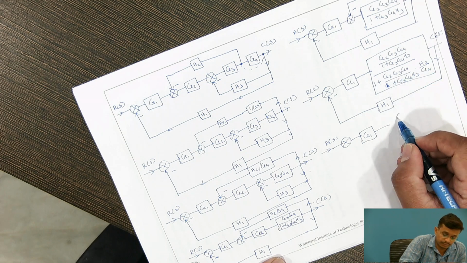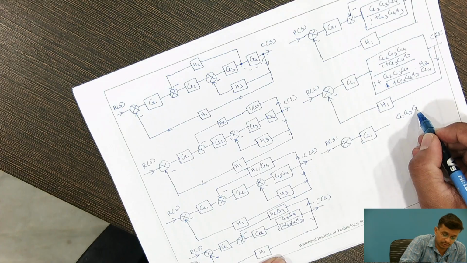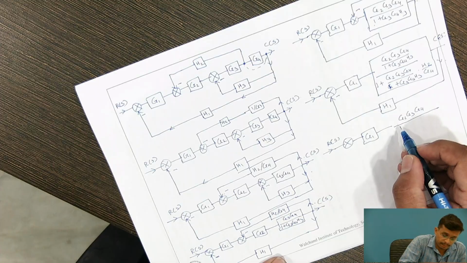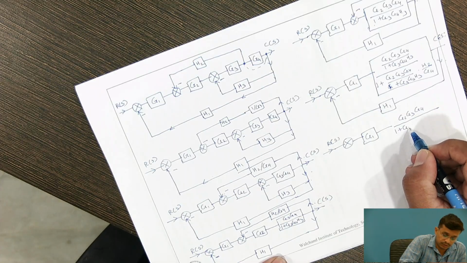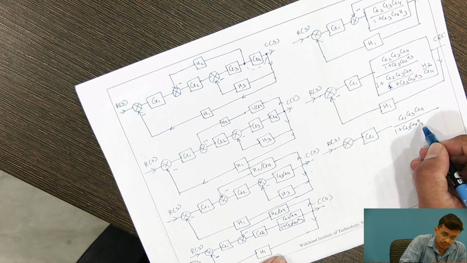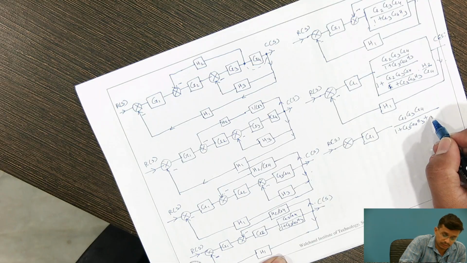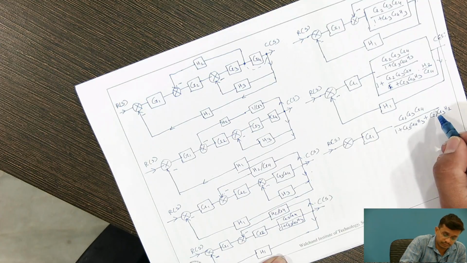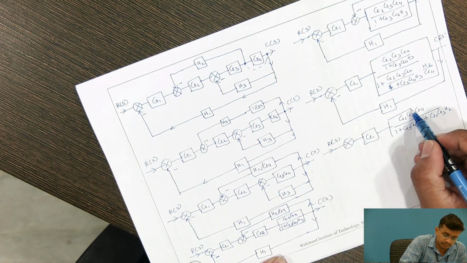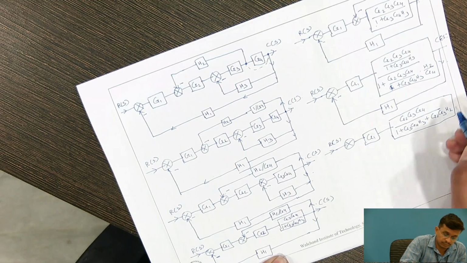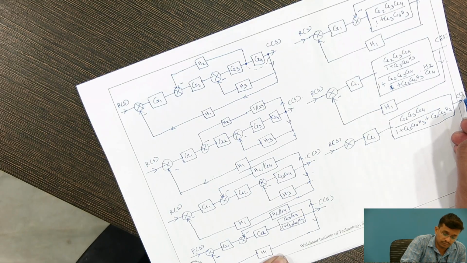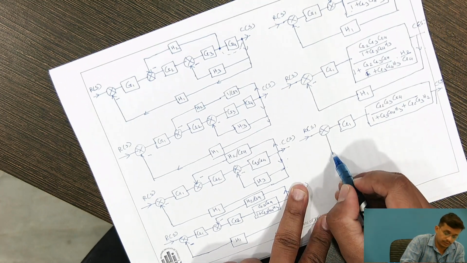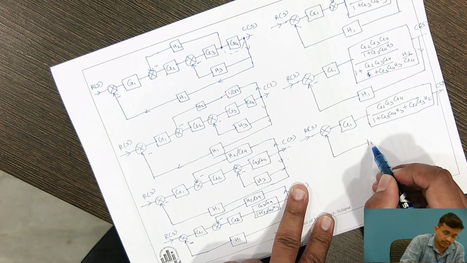So it will be G2 G3 G4 divided by 1 plus G3 G4 H3 plus G2 G3 H2. And this feedback loop will be the same.